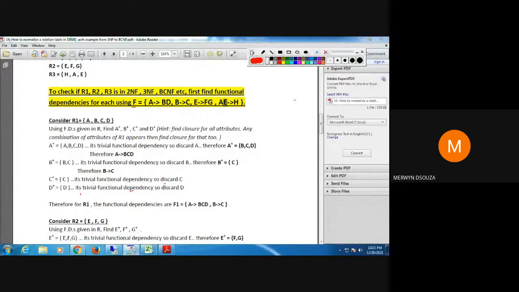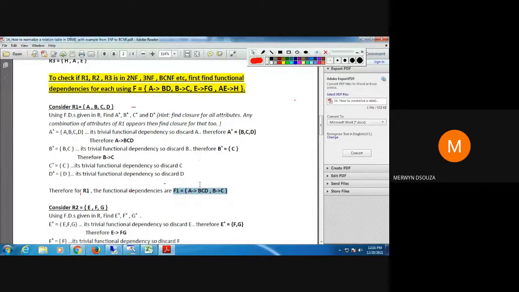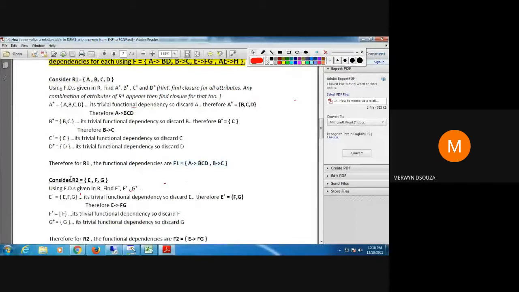Similarly, you need to find the functional dependencies. This was the functional dependencies for R1. Now you need to find the functional dependencies for R2.